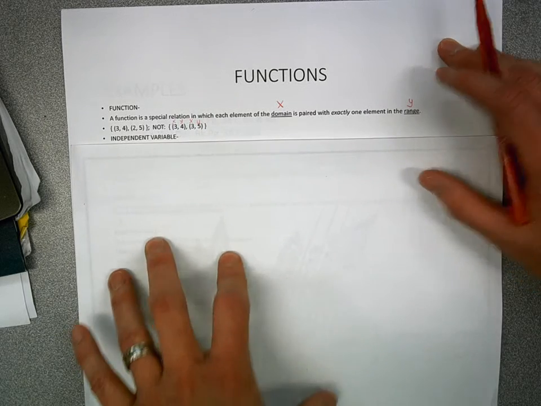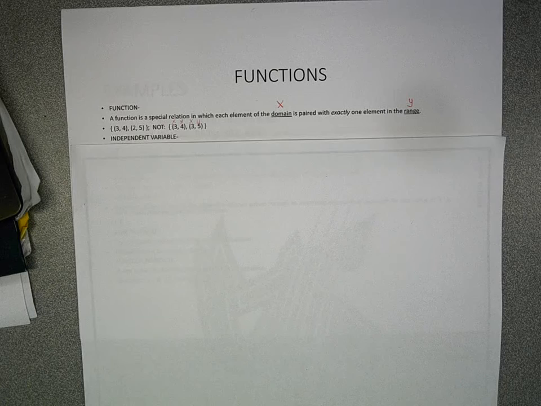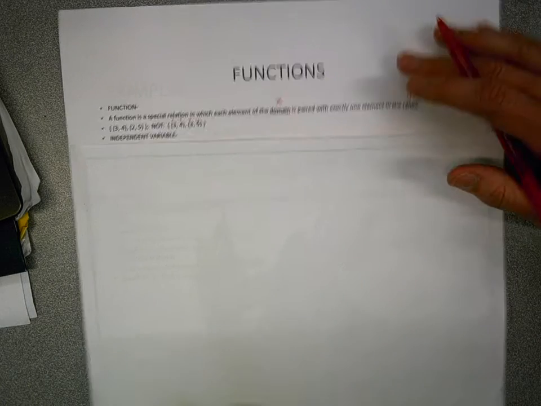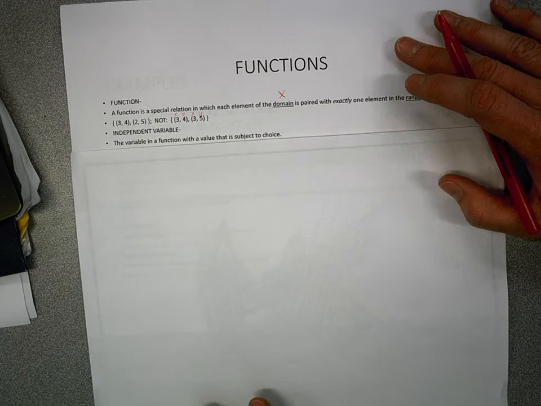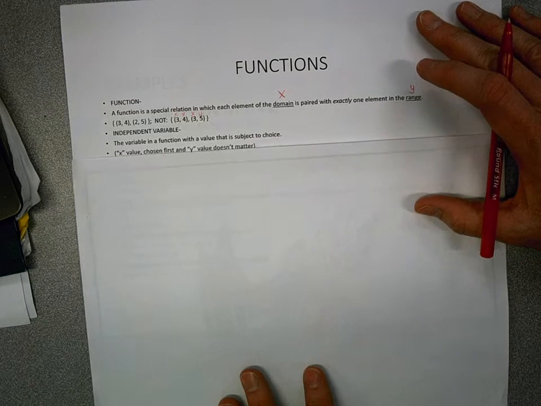Our next word is called independent variable. Everyone? Independent variable. All right, your book says this is the variable in a function with a value that is subject to choice. The variable in a function with a value that is subject to choice. Now that probably sounds weird to you, but we'll talk about it here.